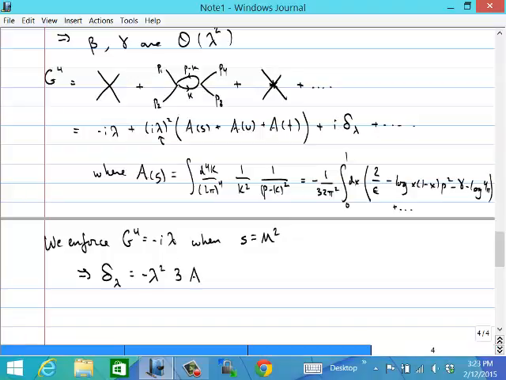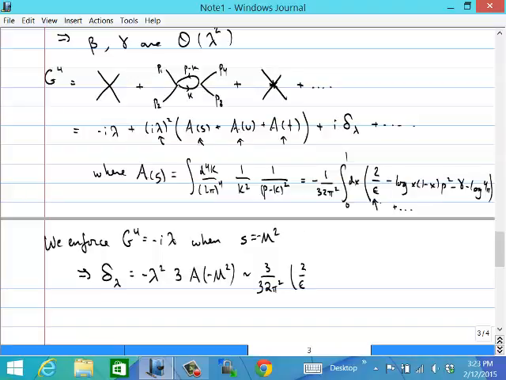You get a 3 times a evaluated at S is minus m squared. 3 because you have these 3 different contributions here. So that is 3 over 32 pi squared. So you get a 2 over epsilon to cancel this guy.